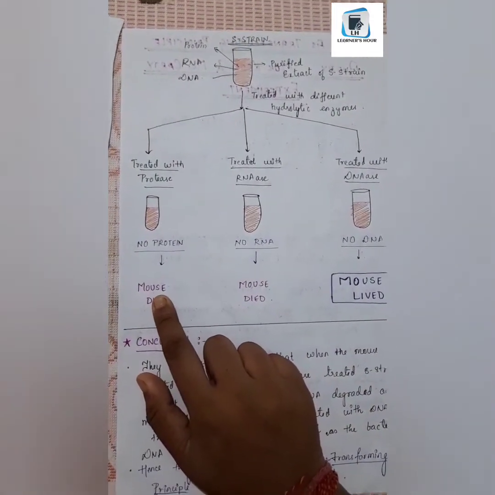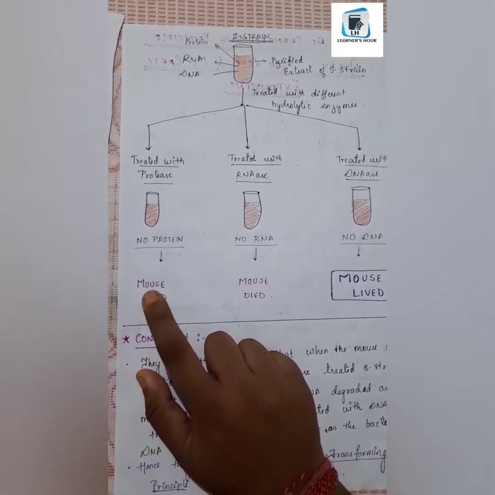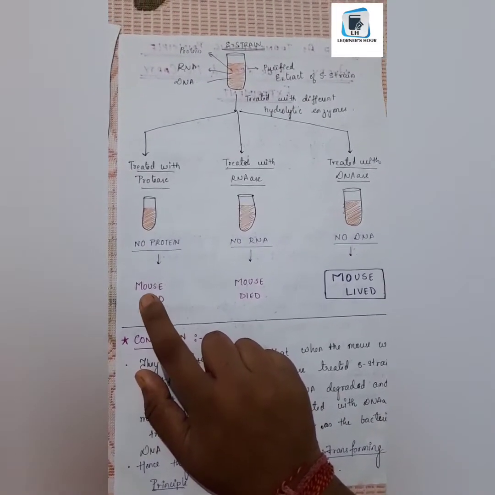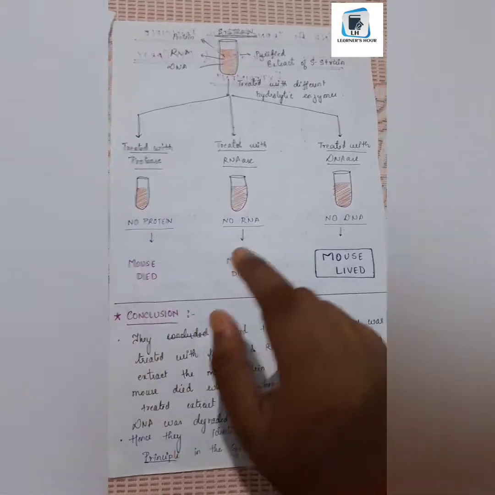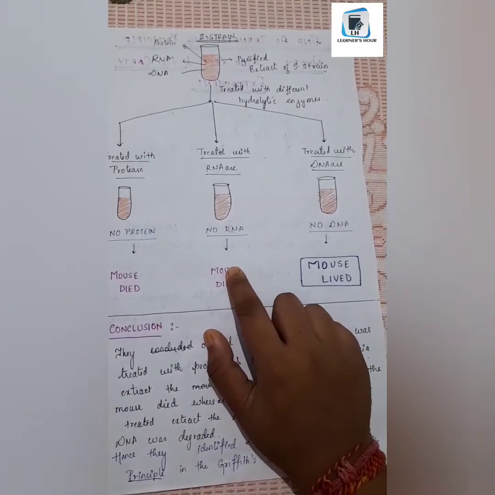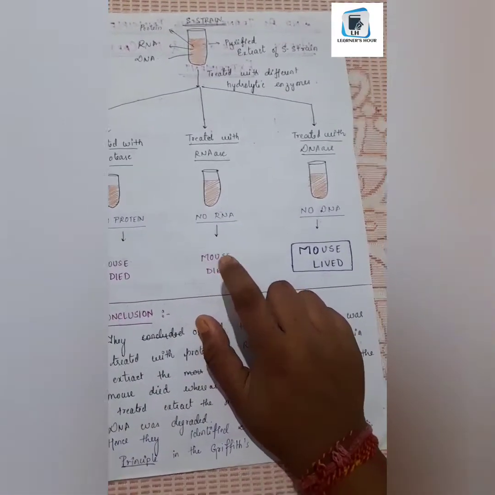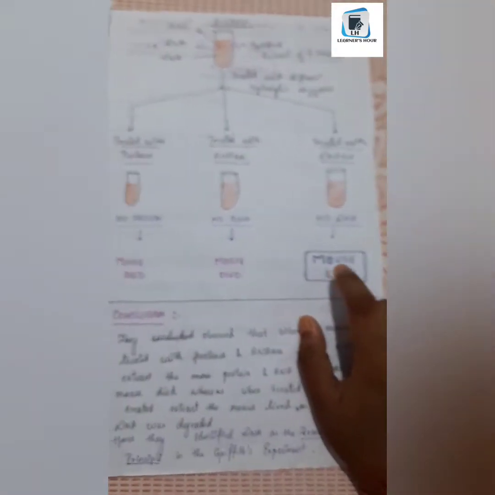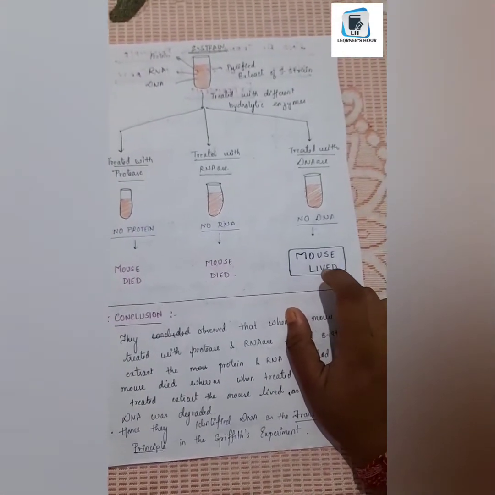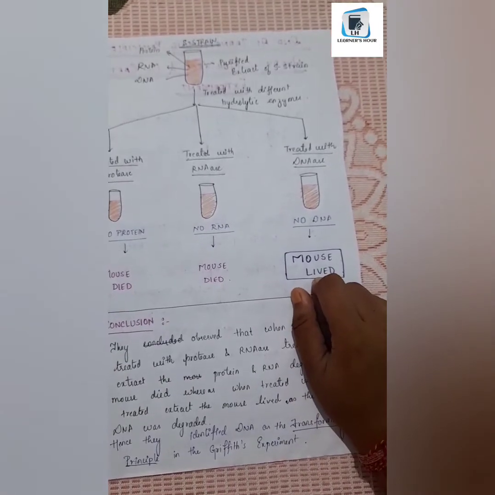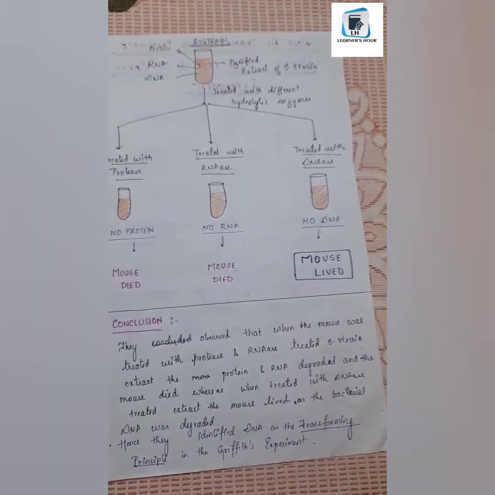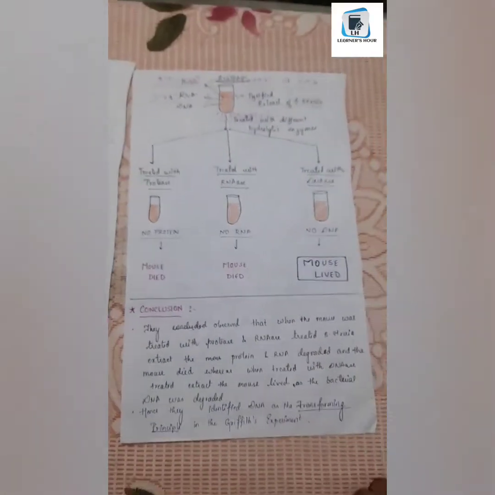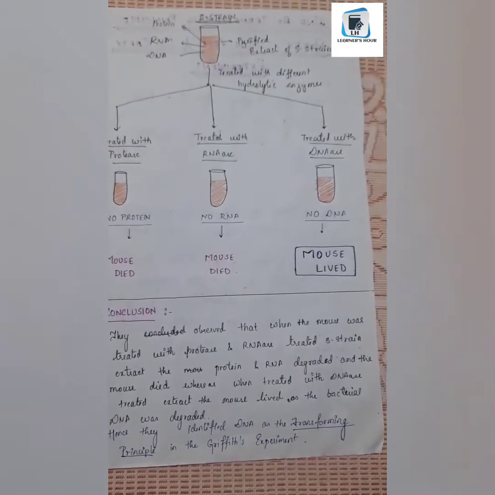In the first case, when the mouse was injected with the protease-treated solution, the mouse died. The same happened with the RNase-treated solution. But unfortunately, in the third case, when the mouse was injected with the DNase-treated solution, the mouse lived. Now why did this happen?